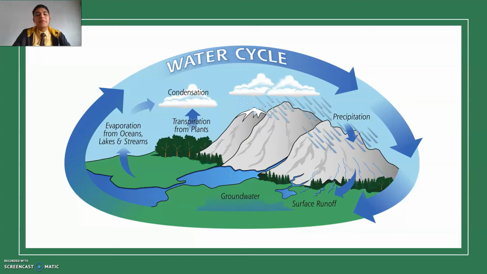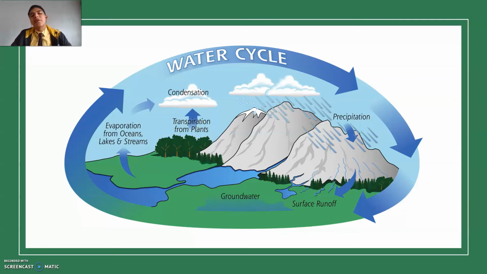Here you have some of the steps of the water cycle, and it's pretty summarized. So we have some groundwater, as well as different sources of water, such as rivers, lakes, etc. So when the water is exposed to sunlight, it will evaporate and it will start going up. And something that is also important to notice is that there is another similar process, which is transpiration.